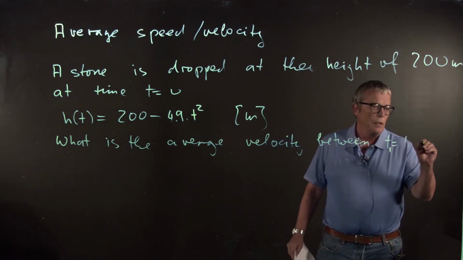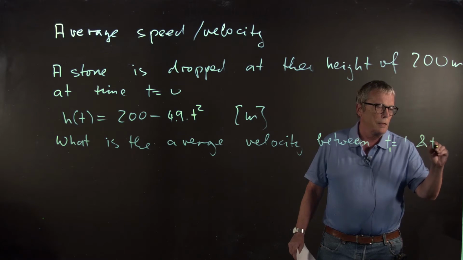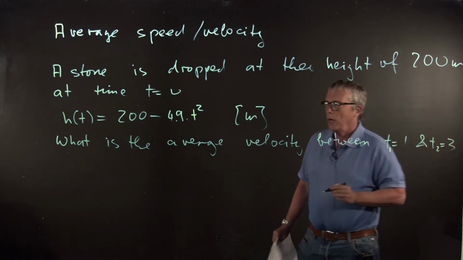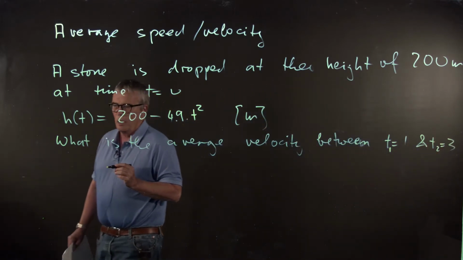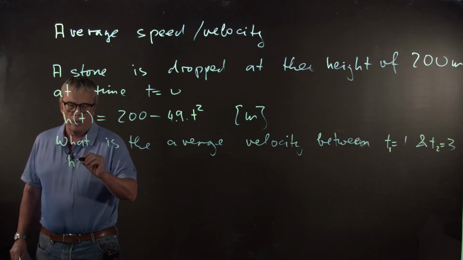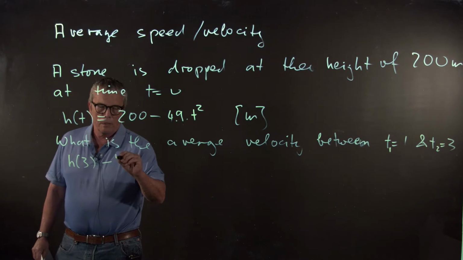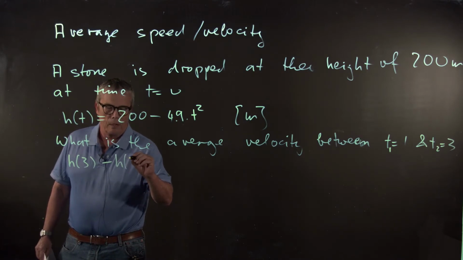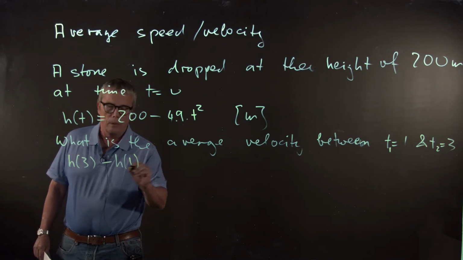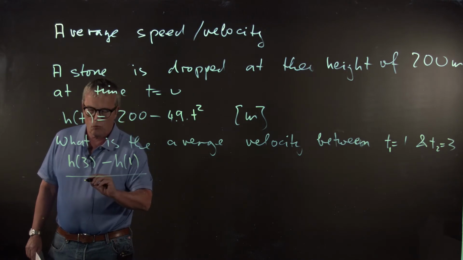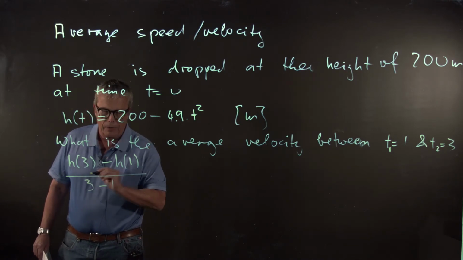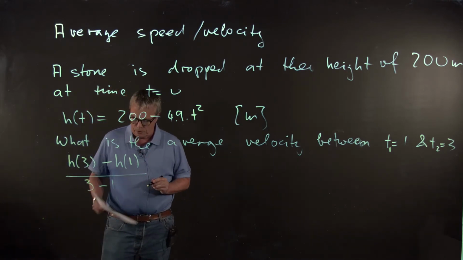So t1 is 1 and t2 equals 3. Well, we all know what we have to do. We have to look at the height at time 3, subtract the height at time 1, and divide by the difference of the times 3 and 1, which is 2.